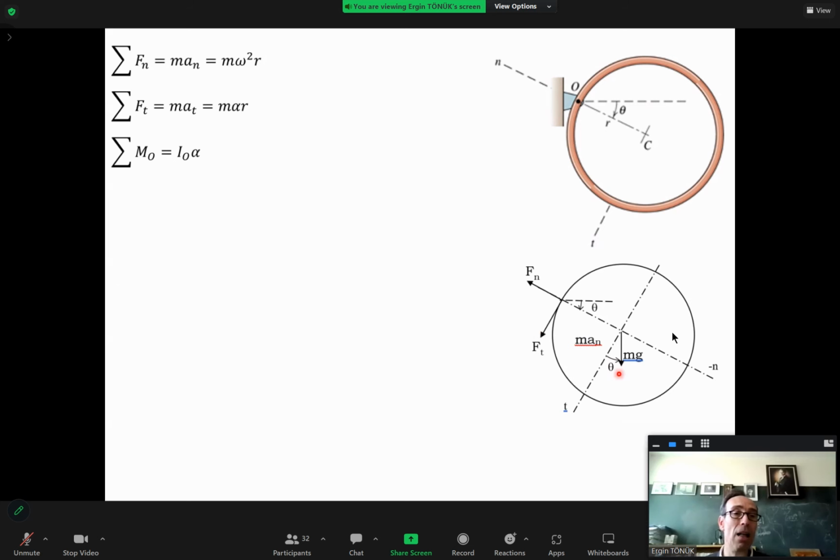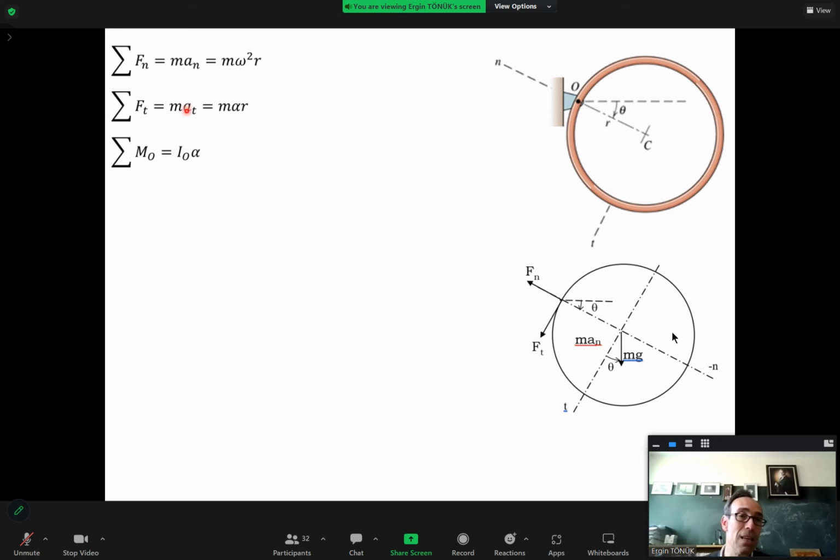So what I'll do is, Fn is equal to m an, but this an is actually the n component of the acceleration of the center of mass of the body, which is C for this problem, okay? So actually, these accelerations are normal and tangential accelerations of the mass center, okay?